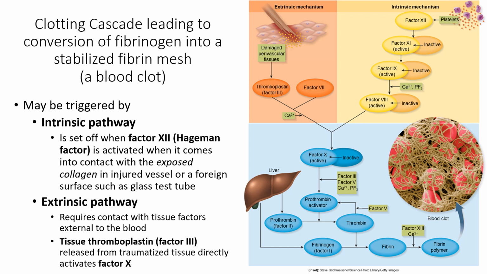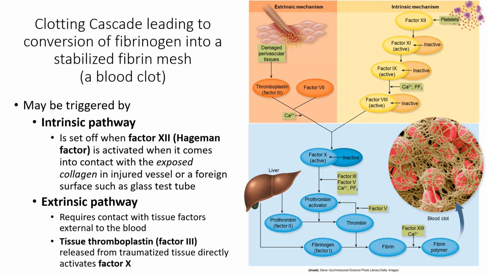In the intrinsic pathway, remember this is within the blood, the factor 12, meaning the Hageman factor, is activated when it comes in contact with exposed collagen in the injured vessel, or a foreign surface such as a blood test tube.